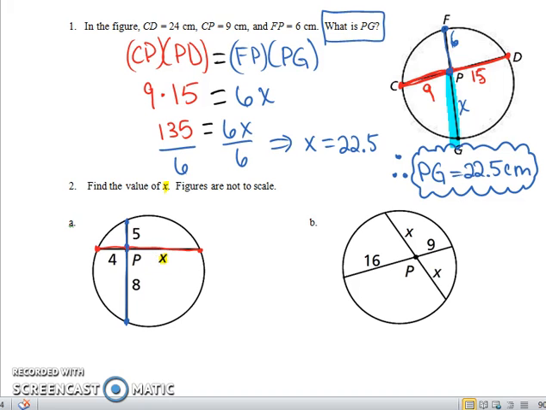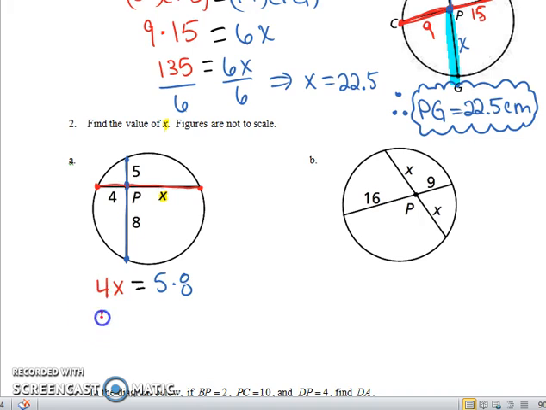So the setup will be as follows: 4 times x will equal 5 times 8. So 4x is equal to 40. Dividing both sides by 4, I get that x equals 10.